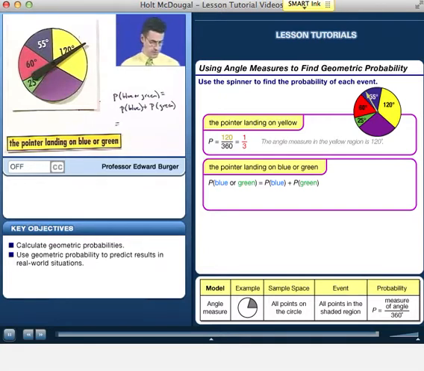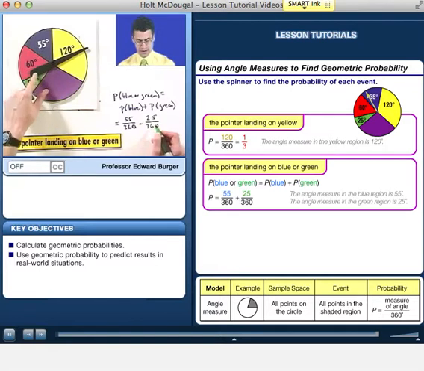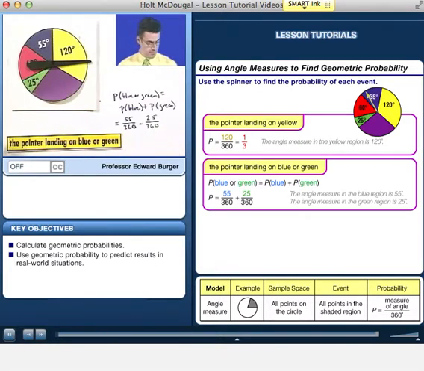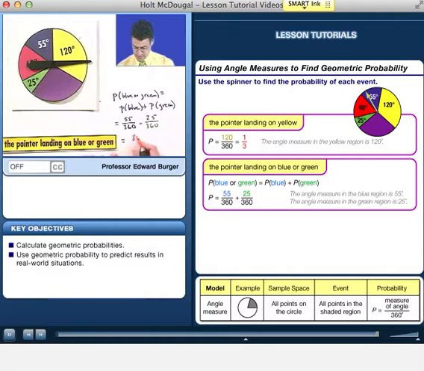So the probability of blue is, well, 55 out of 360, plus the probability of being in green, which is 25 over 360, because 25 is the angle formed there. And so when we add these up, what do we see? We see 80 over 360, which if we simplify, we get 2/9.